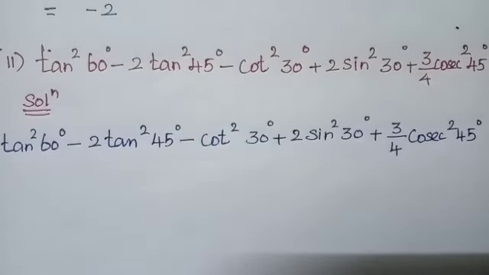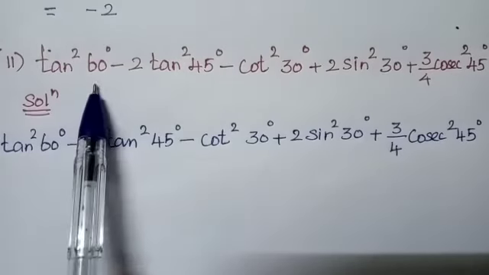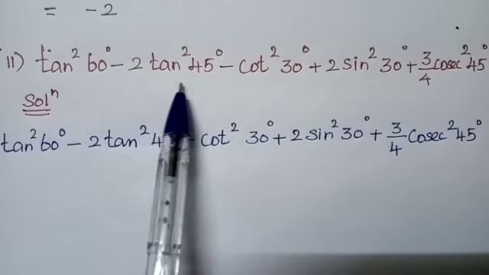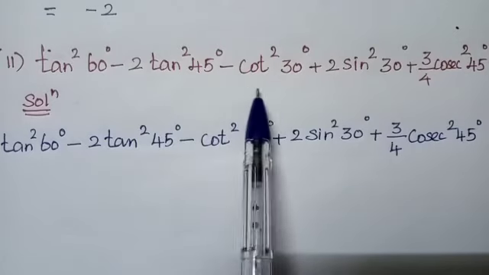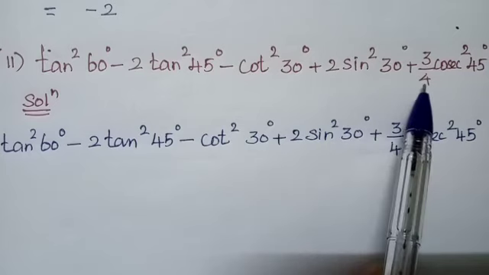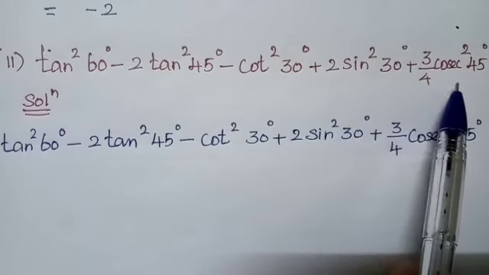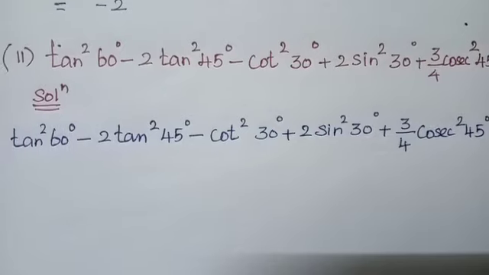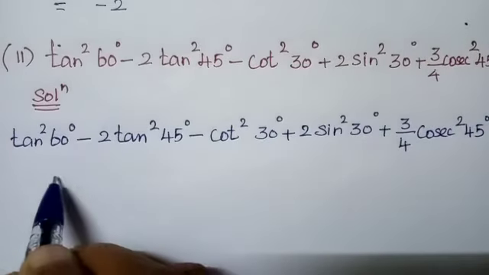Listen, question number 2. Tan square 60 degree minus 2 tan square 45 degree minus cot square 30 degree plus 2 sin square 30 degree plus 3 by 4 cosecant square 45 degree. Now we can substitute the values of angles.